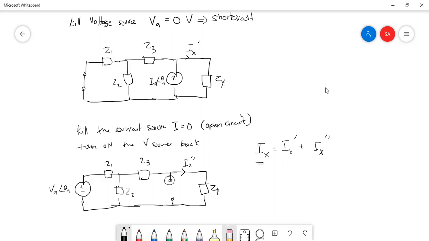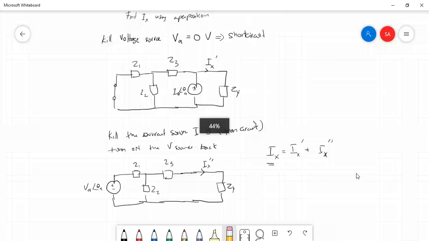Okay, so you can ignore this, please. So you can simplify the circuit and obtain your Ix double prime, and then you need to sum it up with the Ix prime to get the total value of Ix. So that is actually what the superposition theorem is all about.